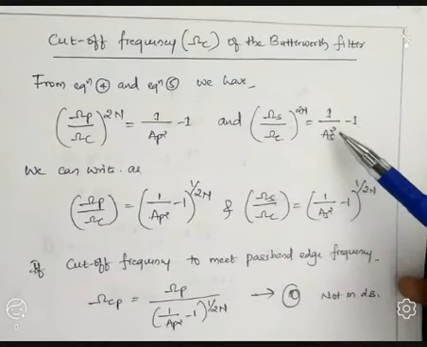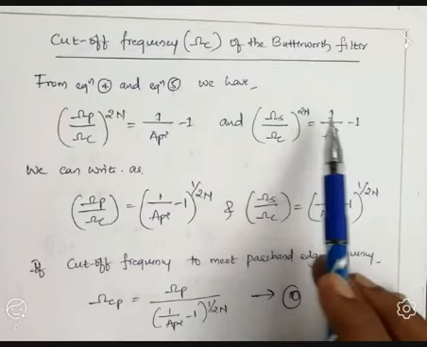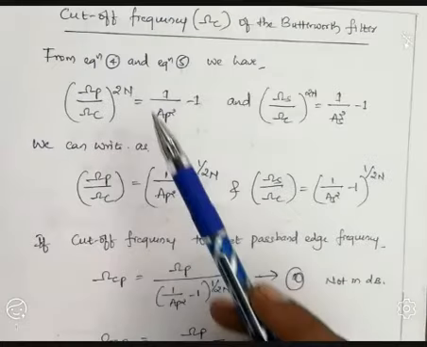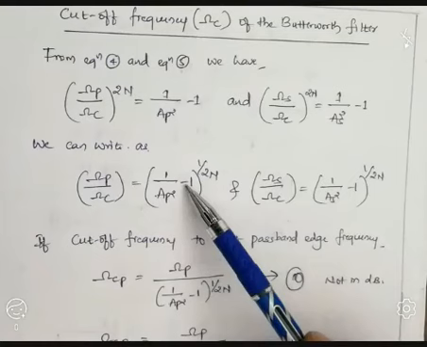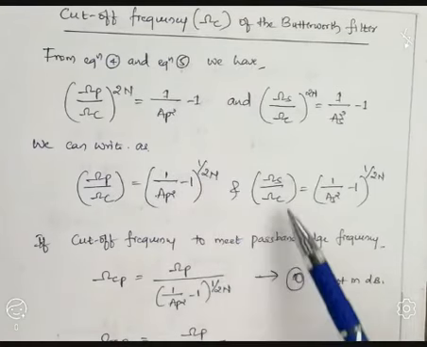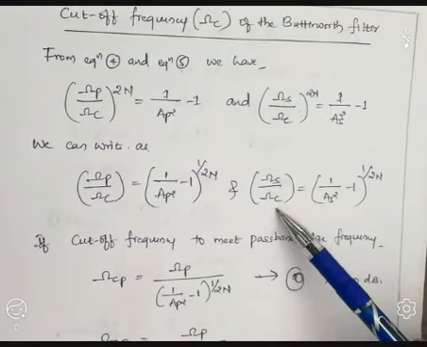So by using these two equations, we can calculate the cutoff frequency of the Butterworth filter. I will take the power term as 1 by 2n, then this term gets cancelled. We are left with omega p divided by omega c equal to 1 by AP square minus 1 whole to the power 1 by 2n. Similarly, I will apply for this one, then we will get omega s divided by omega c equal to 1 by A square minus 1 to the power 1 by 2n.